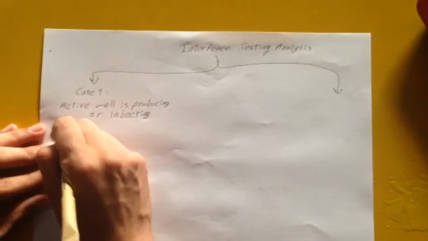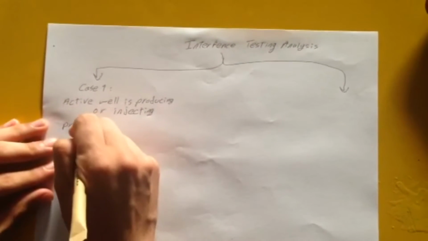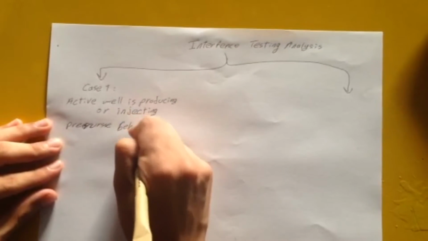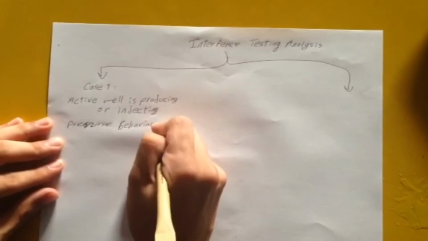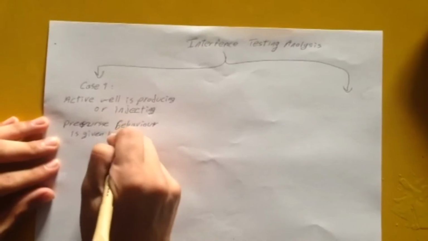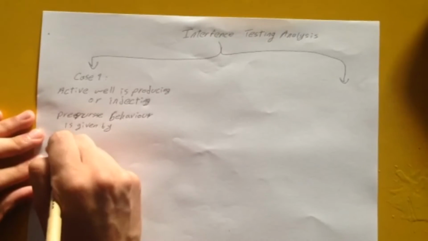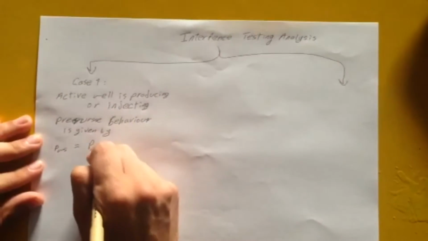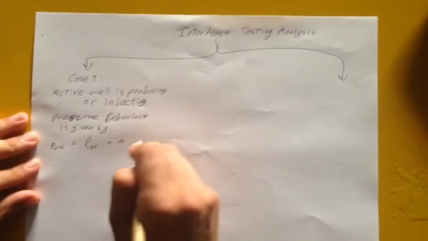The pressure behavior is given by this formula, which is Pws equals P at 1 hour plus m, which is the slope, times log t.